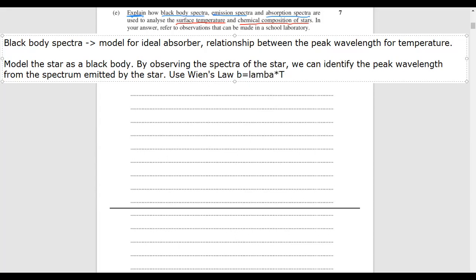So basically, as temperature goes up, wavelength goes down. To calculate the temperature of the surface.